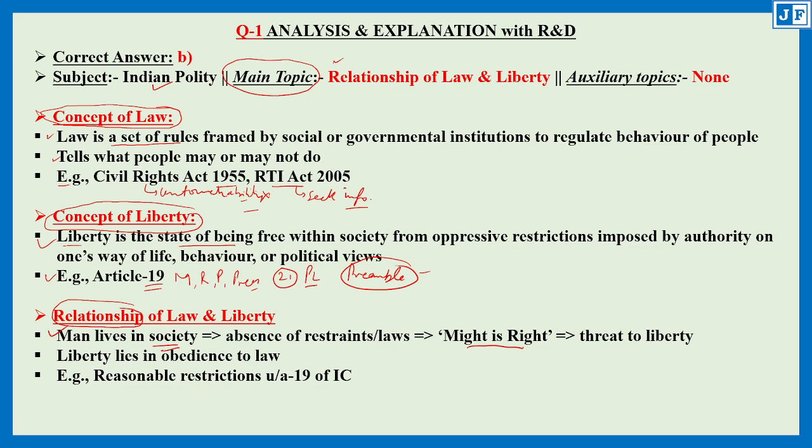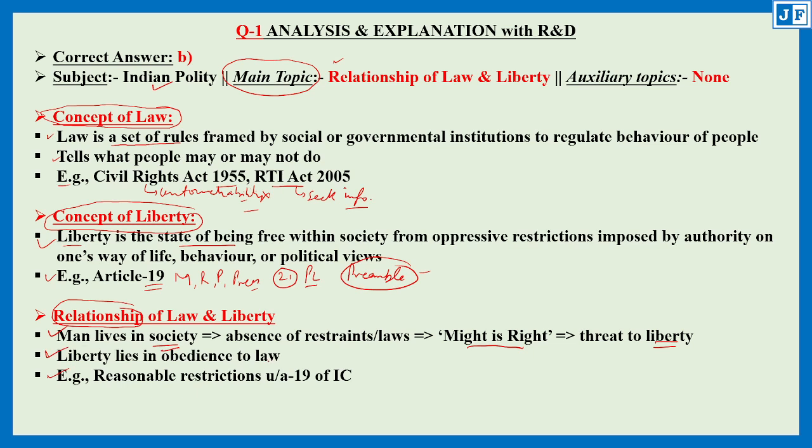In such a situation, the liberty of those will be curbed. So there has to be some laws that can protect the liberty of everyone from everyone. In such a situation, liberty lies in obedience to law.